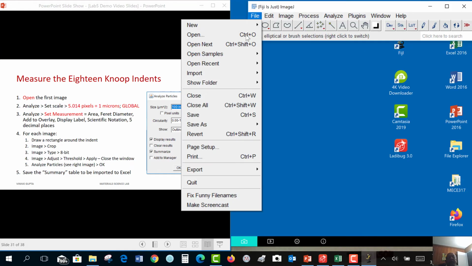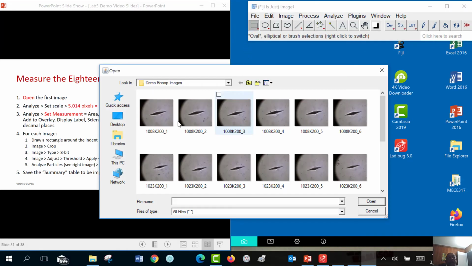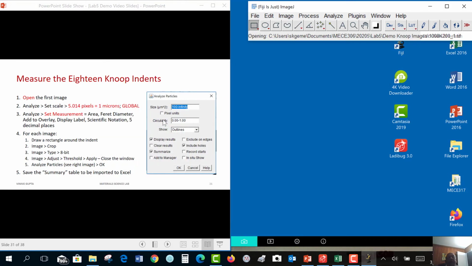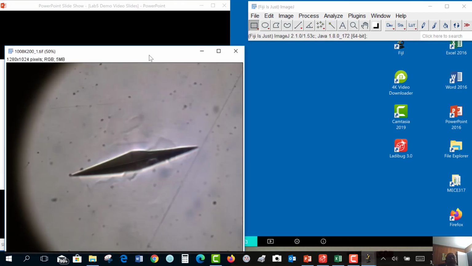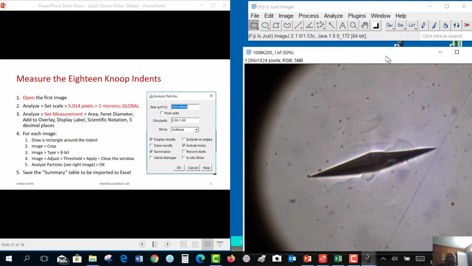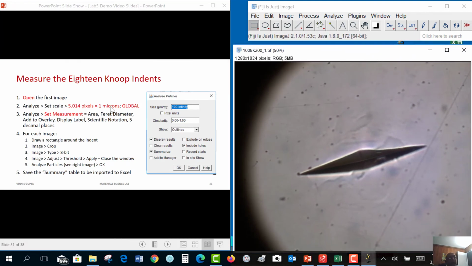We are going to open our first image, 1008. All the images are taken at 500x.